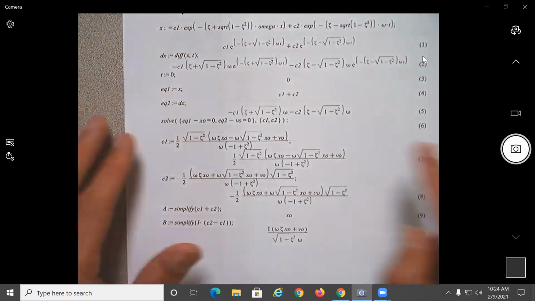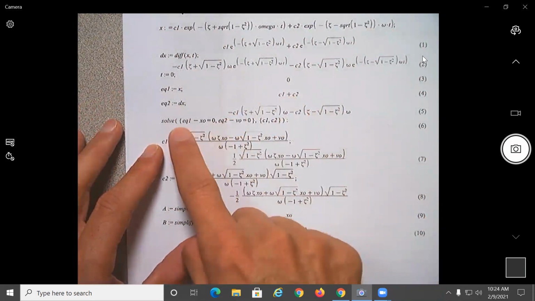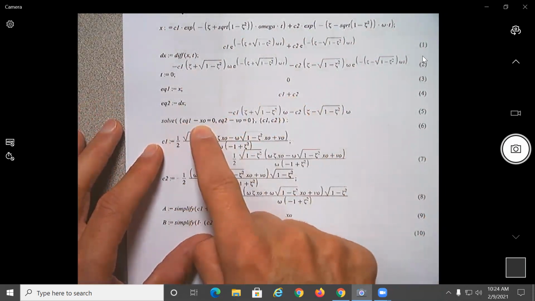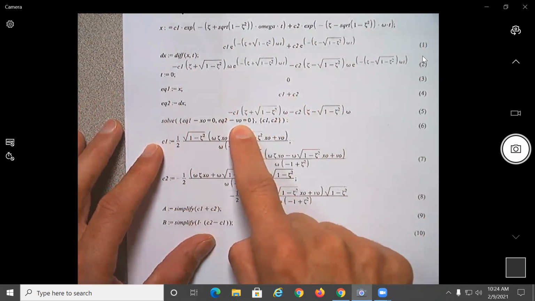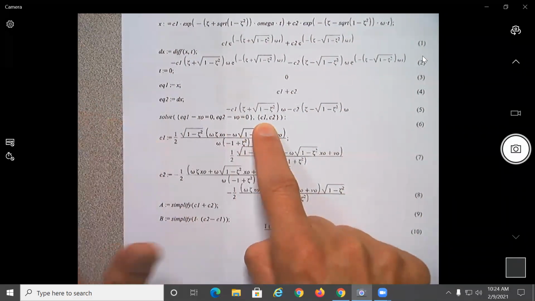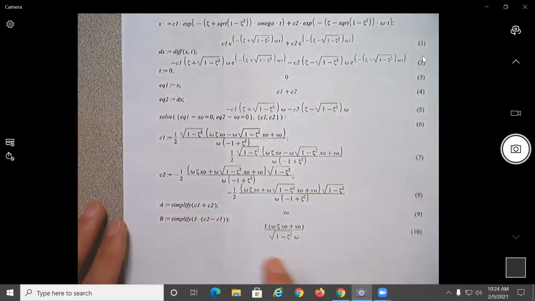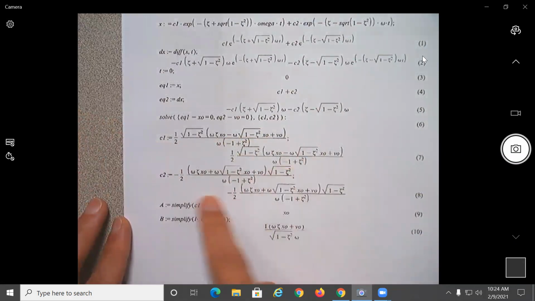So now you have two equations for two unknowns. Equation 1 should be equal to x sub naught, and equation 2 should be equal to x dot sub naught, which is v sub naught. Solving for C1 and C2, this is what it gives me: C1, this long expression, and C2, this long expression.